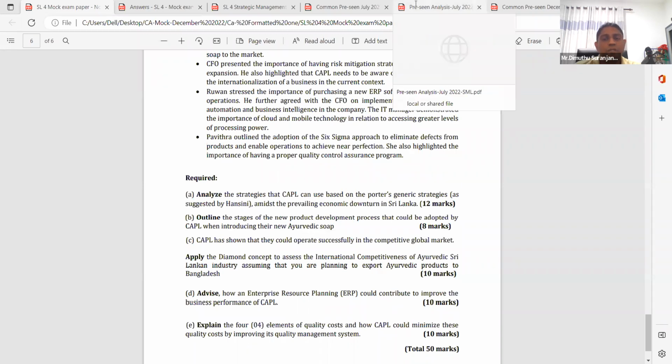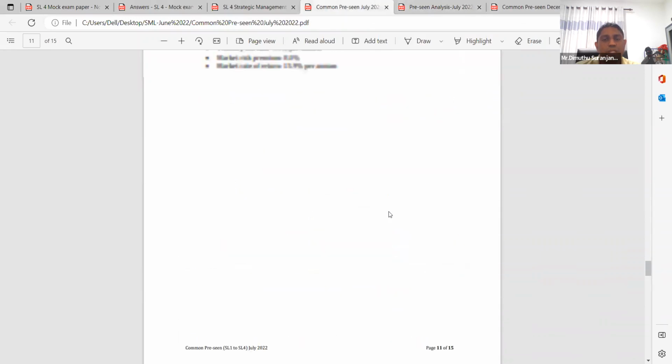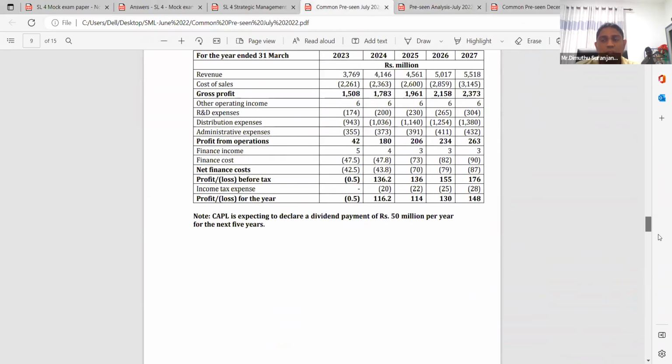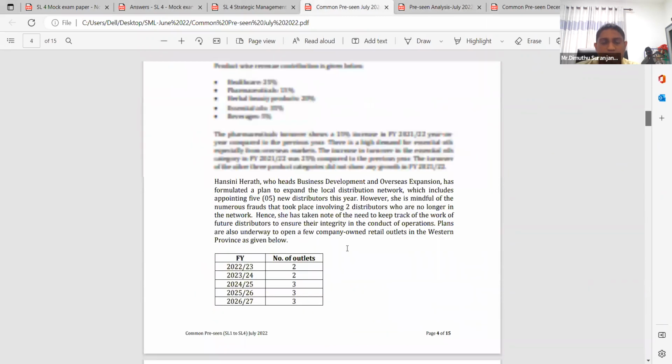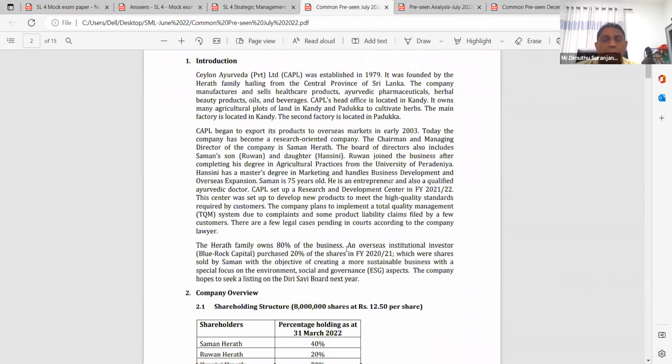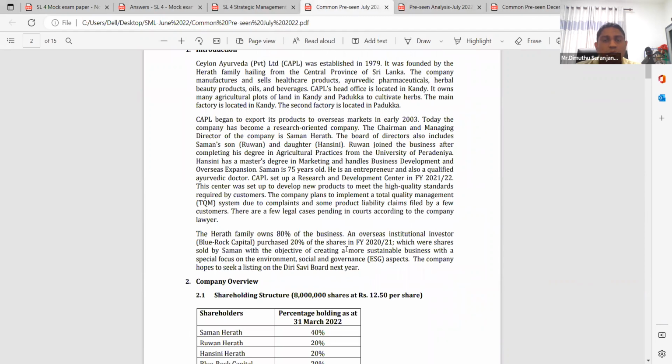If you look at the strategy for this one, what is the strategy actually? We'll see. Is the emphasis on quality? We'll see whether we can find some information on that. If you look at this, see, High Court is standard. So even they have implemented a TQM system, they are more working on quality, no? Do you agree?